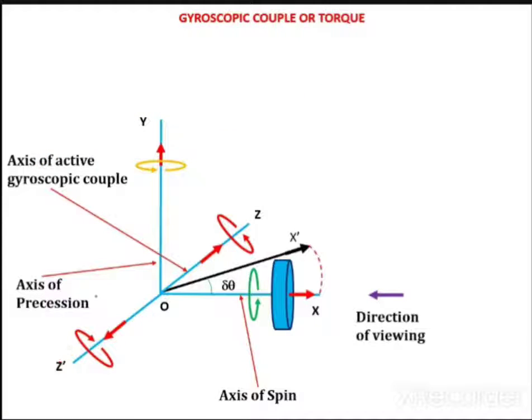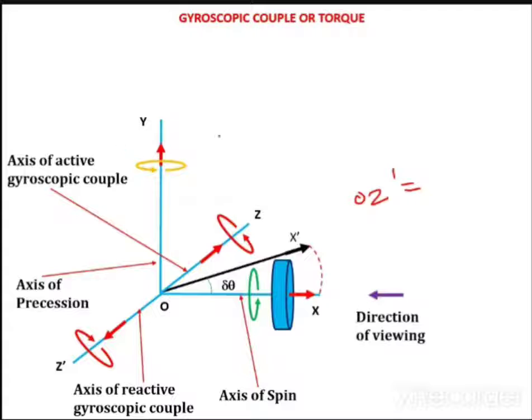At the end you will understand what the active gyroscopic couple is. And then this OZ dash is nothing but the axis of reactive gyroscopic couple. Basically, to every action there is an equal and opposite reaction.